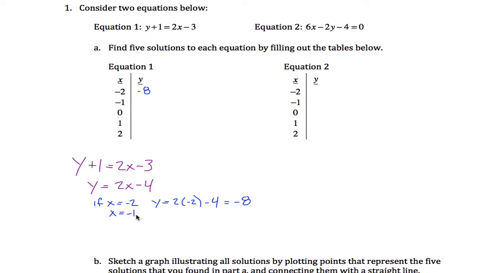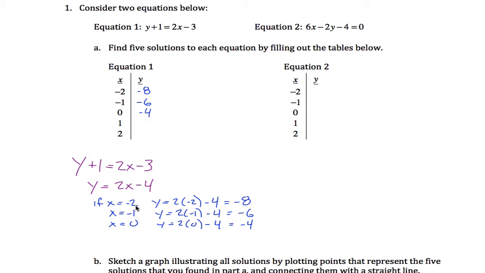If x equals negative 1, we'd get y equals 2 times negative 1 minus 4. This is negative 2 minus 4, so we get negative 6. Do a couple more. If x equals 0, we get y equals 2 times 0 minus 4, so you get negative 4.